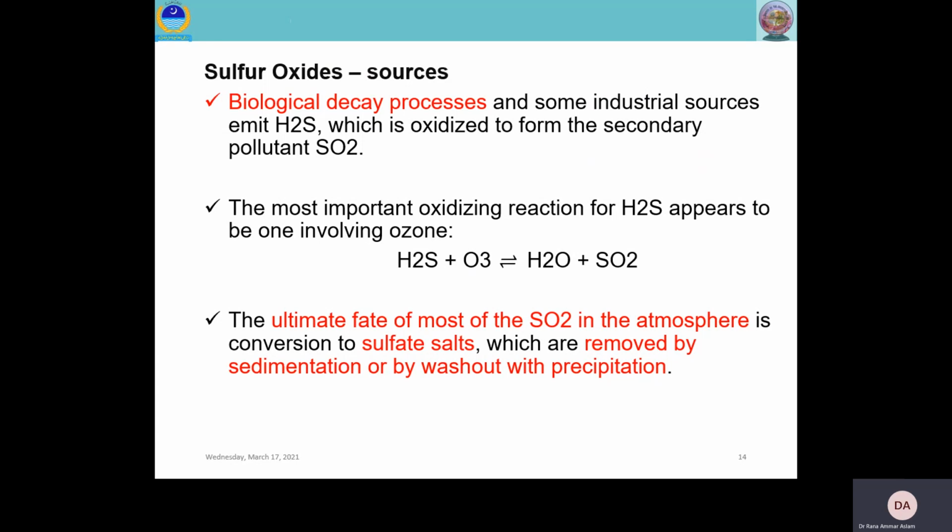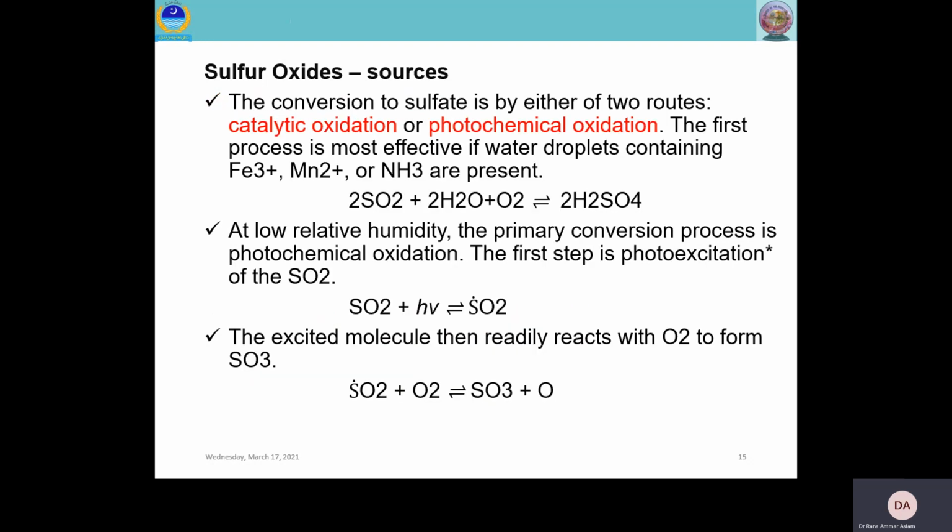But sulfur dioxide does not stay very long in the atmosphere. When sulfur dioxide combines with water, salts of sulfates are formed, like sulfuric acid, H2SO4, and then it is washed out by precipitation, right?